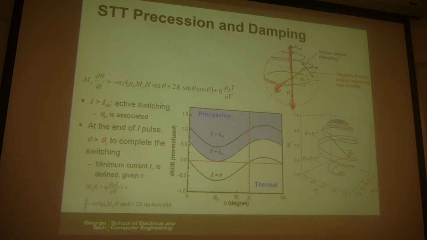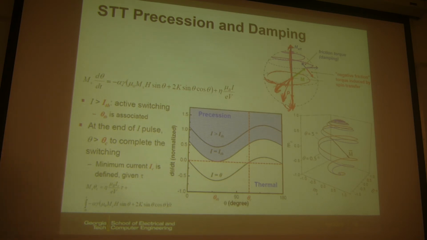If the current is not large enough, then after you remove the current, the spin state will return to the original state. So in other words, if the current is large enough, once this passes this circle, if you remove the current, then it will converge to the other state.